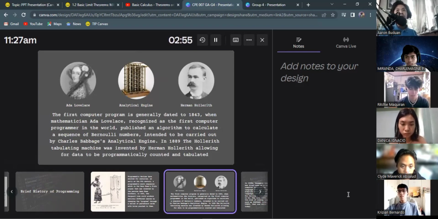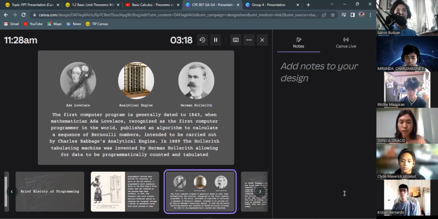The first computer program is generally dated to 1843 when mathematician Ada Lovelace, recognized as the first computer programmer in the world, published an algorithm to calculate a sequence of Bernoulli numbers intended to be carried out by Charles Babbage's analytical engine.